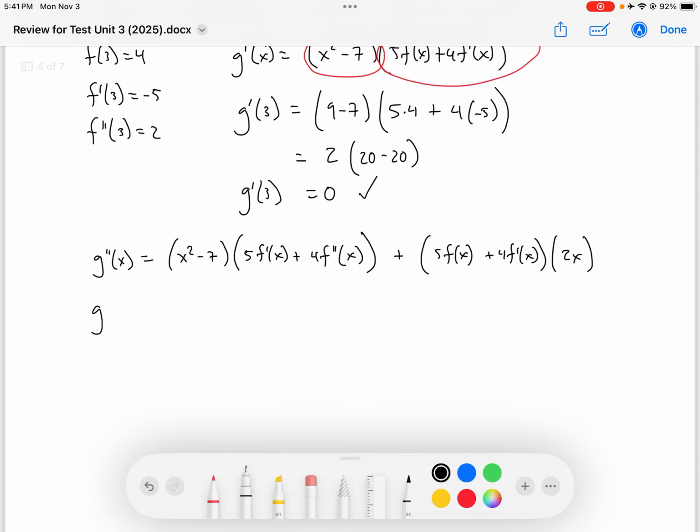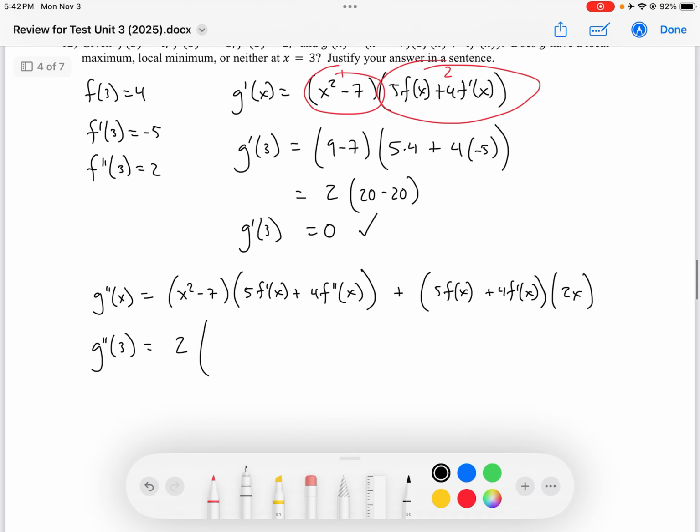So now I got to find G double prime of 3. It equals 2 times (5 times f prime, which is negative 25, plus 4 times f double prime, which is 8), plus (5 times f, which is 20, plus 4 times f prime, which is negative 20). Hooray, that's 0. And then I get 2 times 3, which is 6.